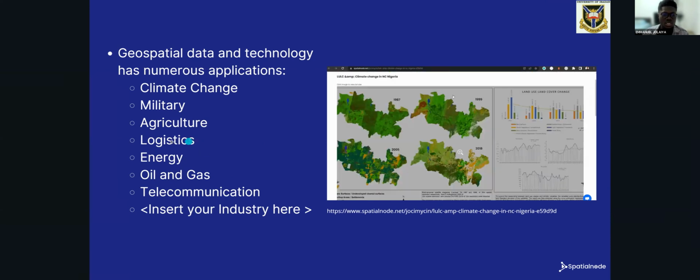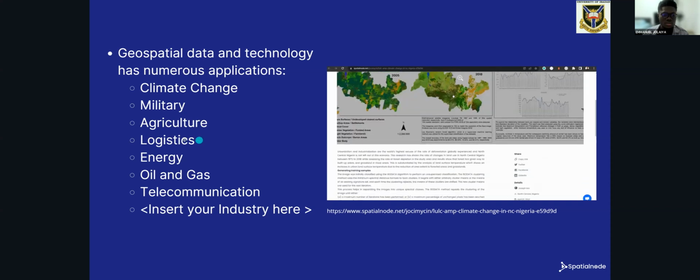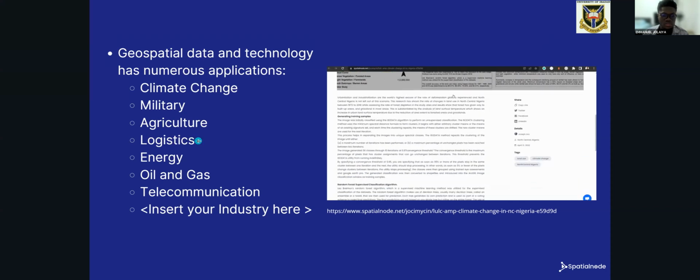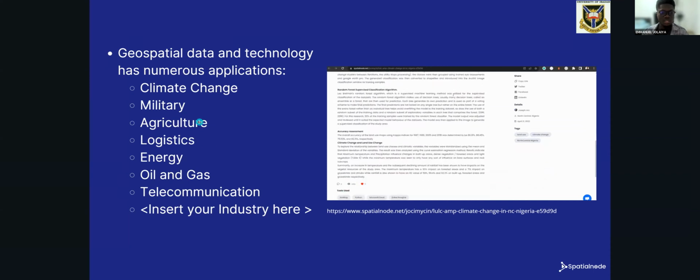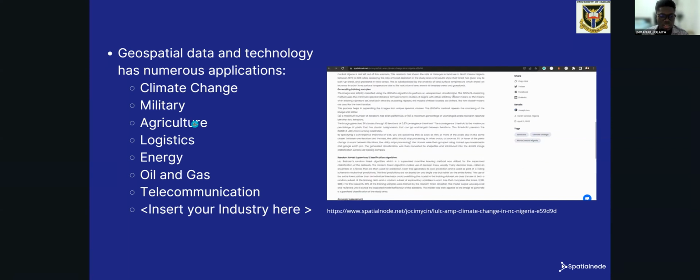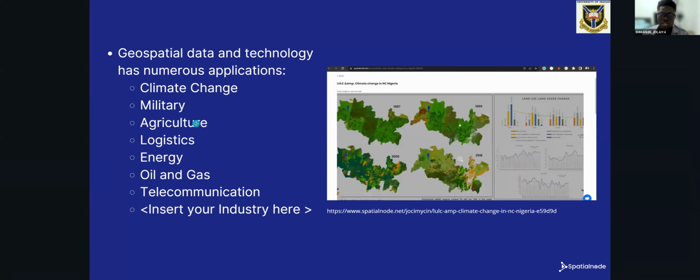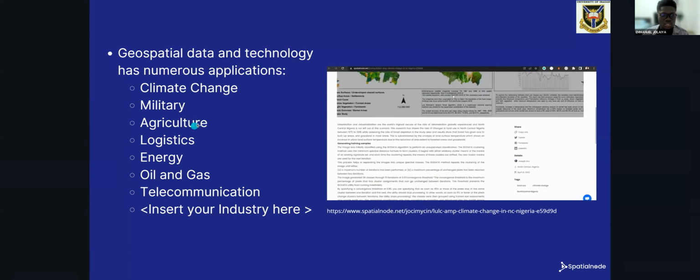Logistics has checkpoints, control points, and users they want to deliver to, and these are just spatial datasets. Agriculture has farmlands, which are not in space, they are here on the Earth's surface. When you can pinpoint something to a location with latitude and longitude, you can apply geospatial technology to it.